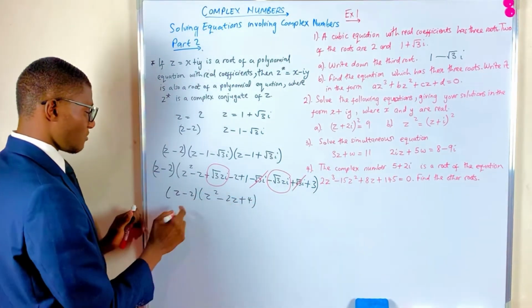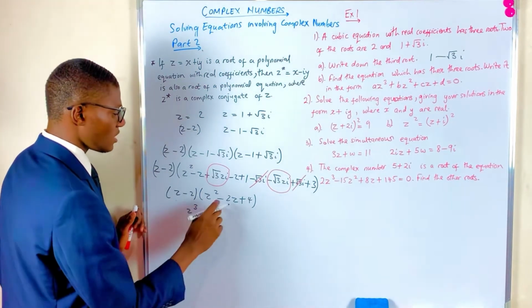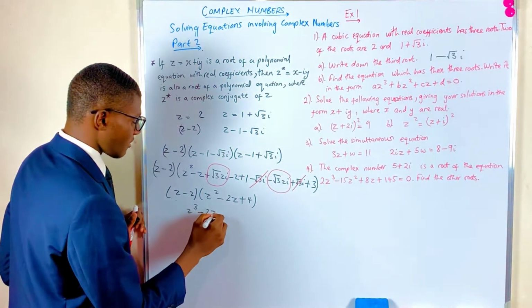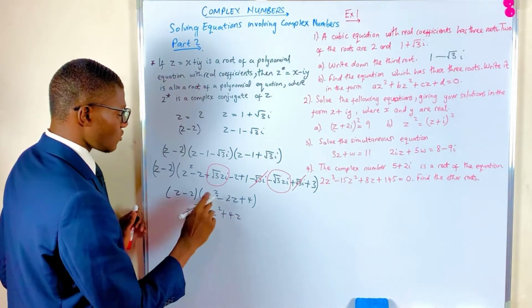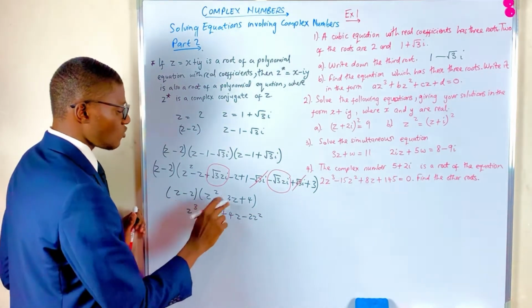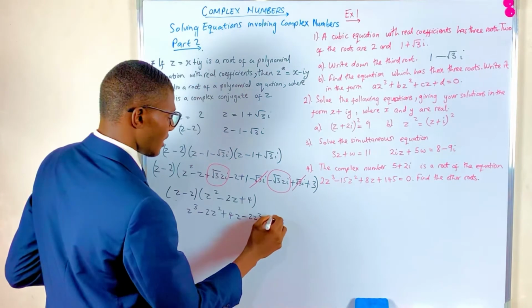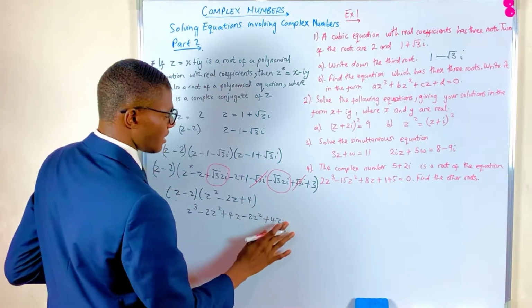Now if we expand, z times z squared, that's z cubed. z times minus 2z, that's minus 2z squared. z times 4, that's plus 4z. Minus 2 times z squared, that's minus 2z squared. Minus 2 times minus 2z, that's a plus 4z, and minus 2 times 4, that's a minus 8.